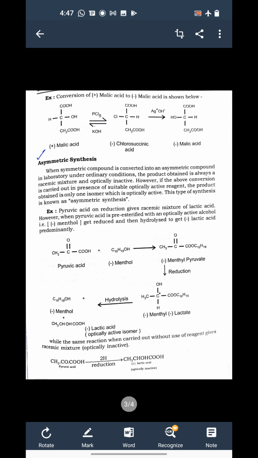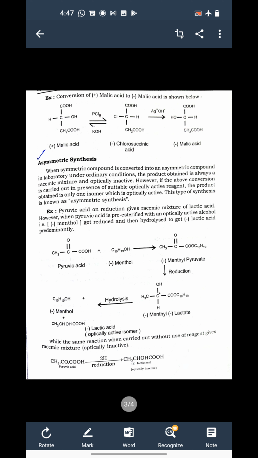So the purpose gets solved by using an optically active reagent. Such a conversion, symmetric compound to asymmetric compound, when we use an optically active reagent, the product obtained is only one isomer, and that isomer will be the optically active isomer, and this type of synthesis is called asymmetric synthesis.